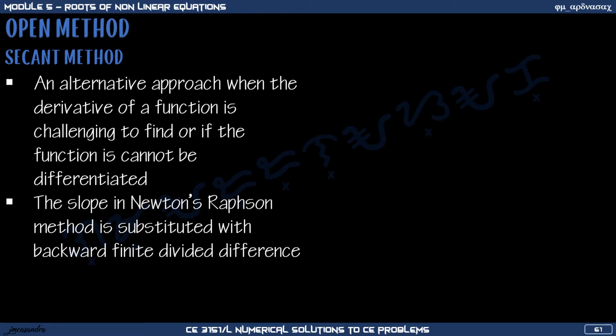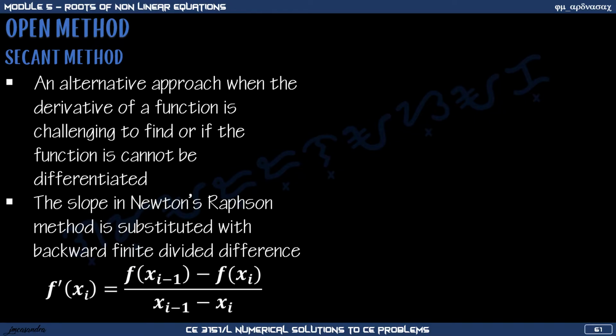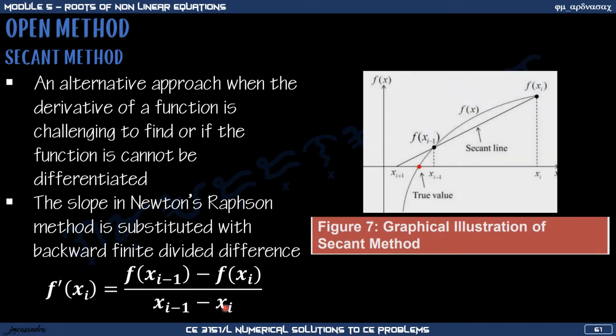In Newton-Raphson, the slope is now substituted with a backward finite divided difference. With that, the derivative can now be computed as f of x sub i minus 1 minus f of x sub i, divided by x sub i minus 1 minus x sub i.